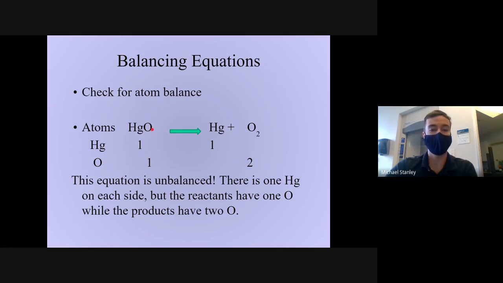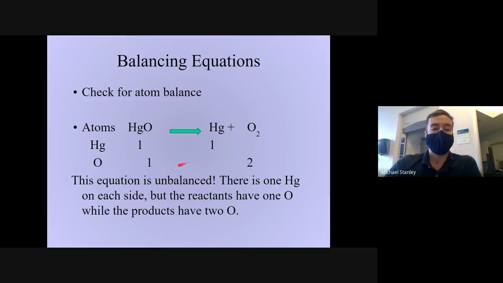All right, good start. Move over here. We have one Hg atom. So our Hg's are balanced. We have one on either side. So that's nice. But we have two oxygen atoms on the right-hand side here. O2 means that there's two oxygen atoms that are bonded together.